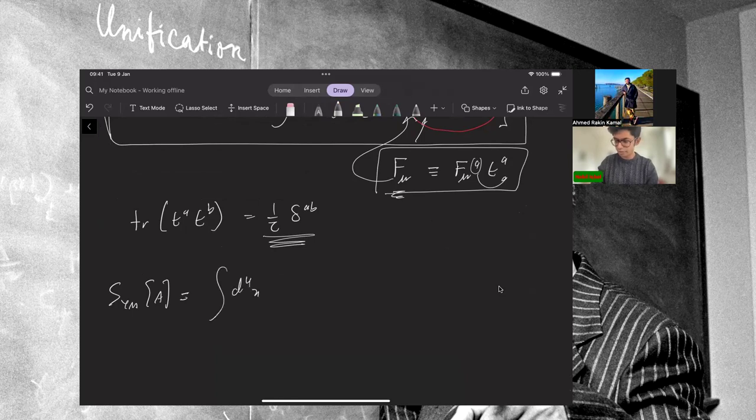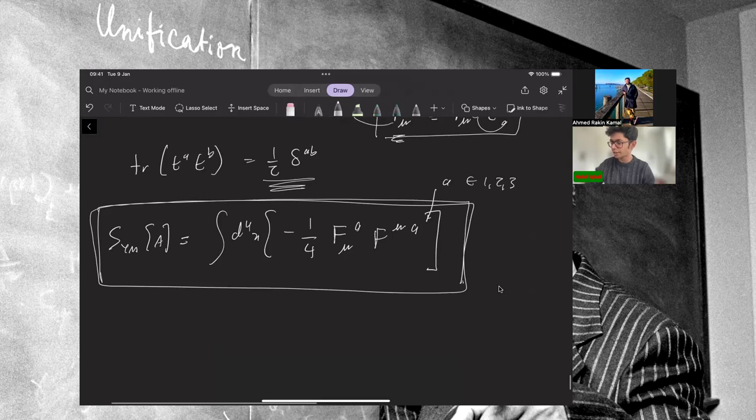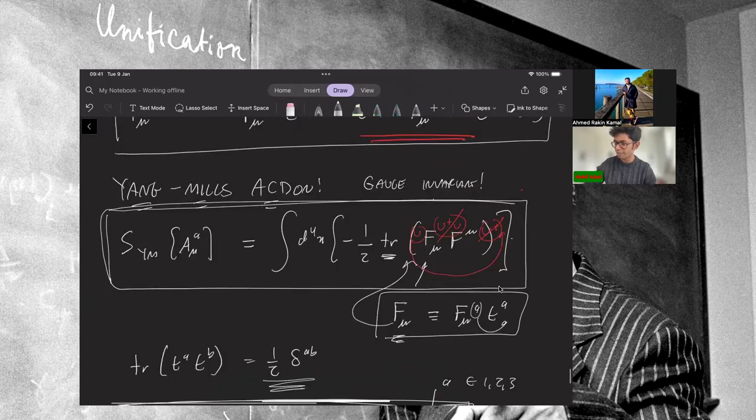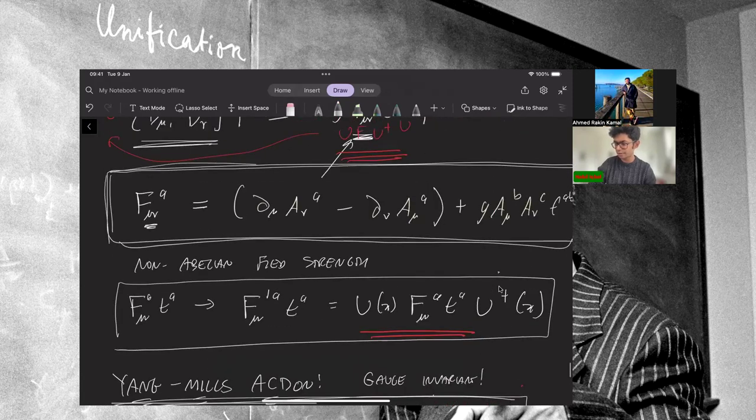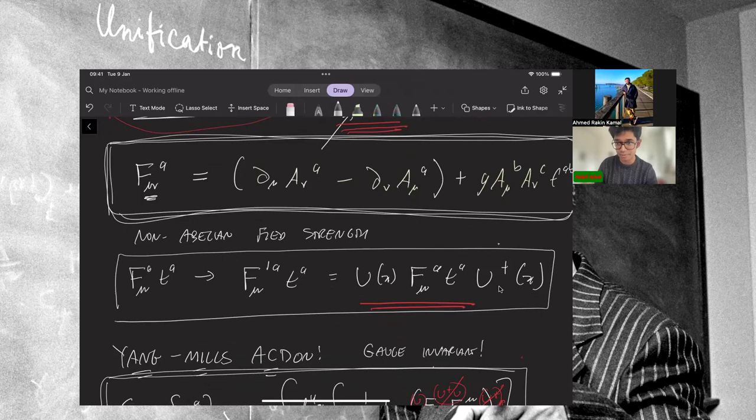It's equal to the integral d^4x of minus 1/4 F mu nu^A F mu nu^A, where this A, again, runs over 1, 2, and 3. So there are three gauge fields, and there's an action here for these three gauge fields. It's F mu nu^A times F mu nu^A, where F mu nu^A is this guy right here. So the action is completely fixed by the gauge symmetry.